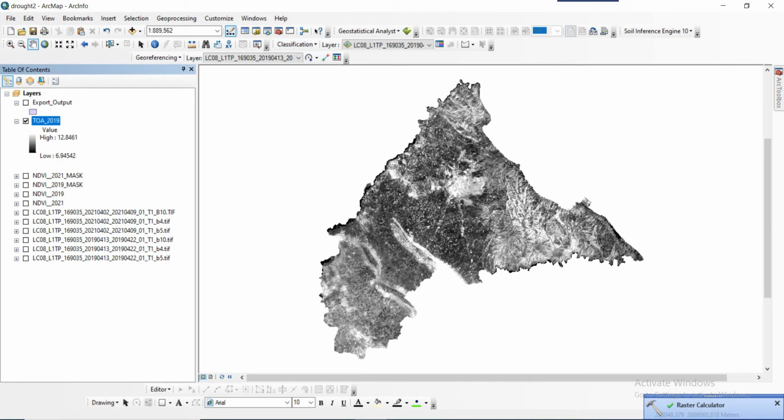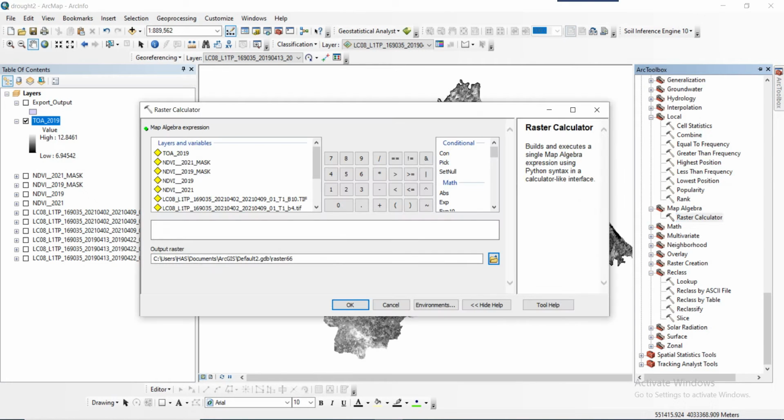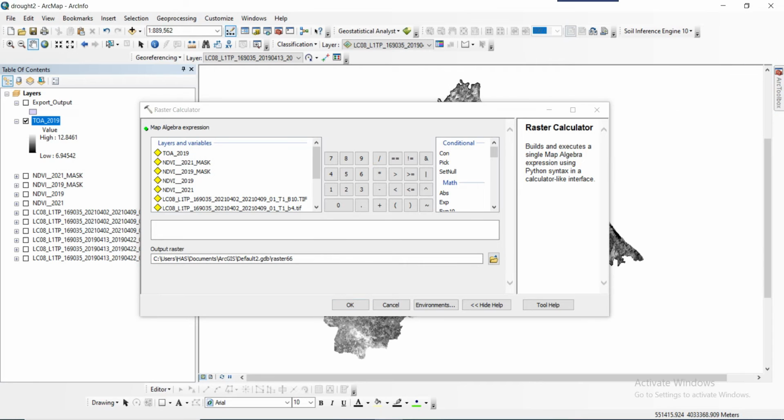There we go. So we have TOA for 2019, and we have to repeat this process for 2021.